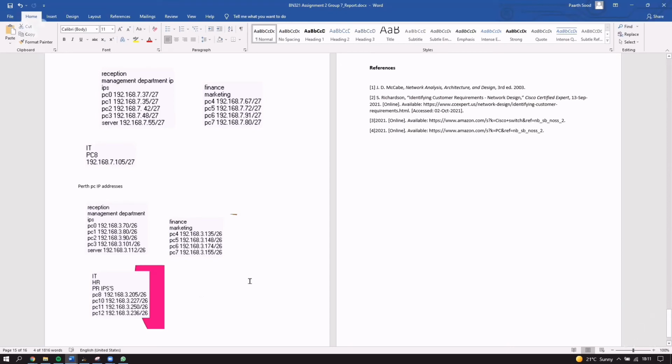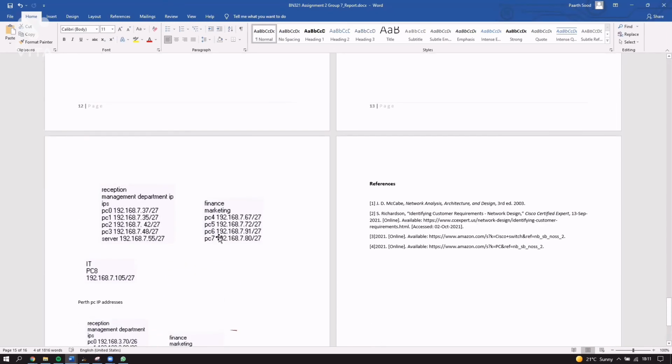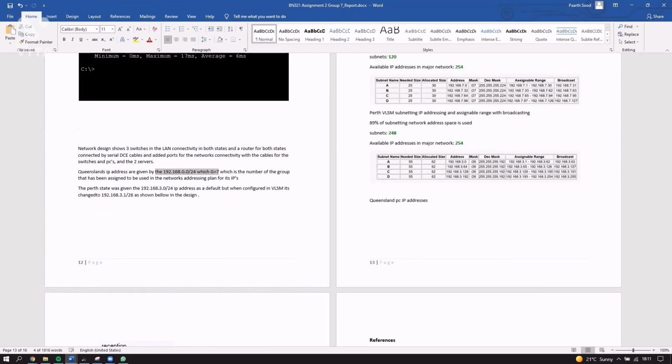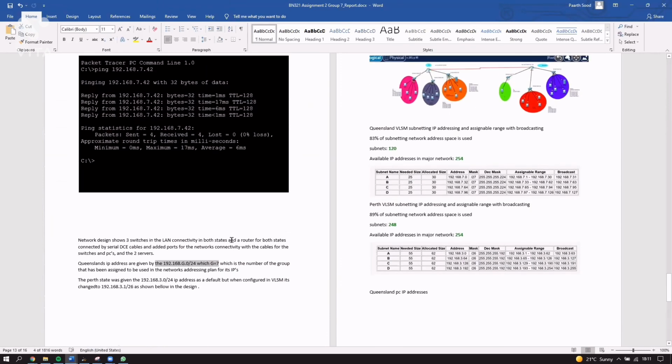If we go back up for a second, as you can see in the highlighted area where it says to use the group number for the IP and give 5%, I was able to use 83% of the network space, so we were left with 17% for Queensland, and for Perth we were able to give 11% more space, as you can see, for the VLSM configuration.